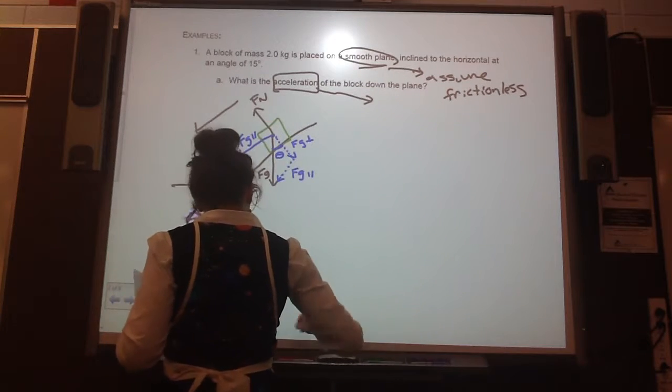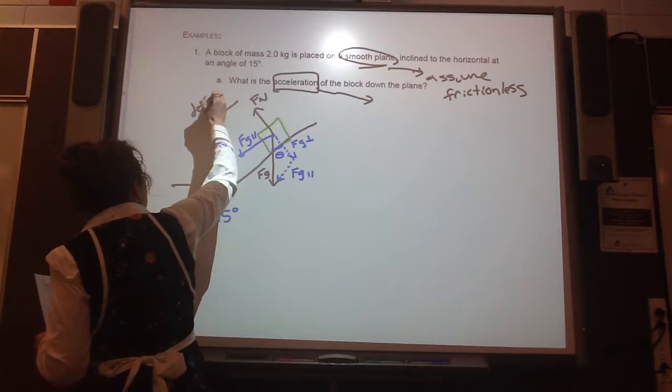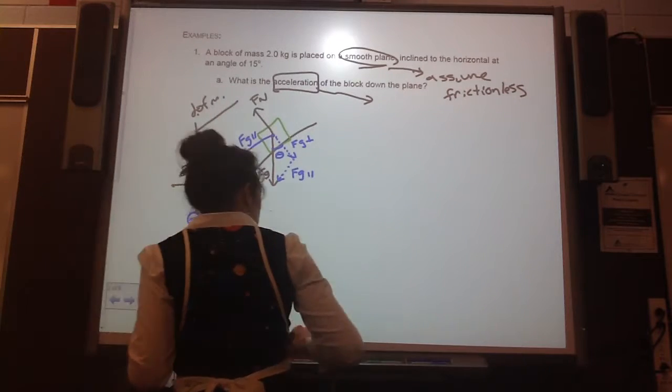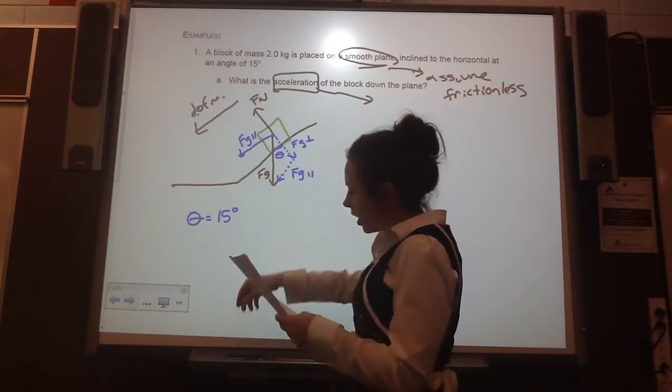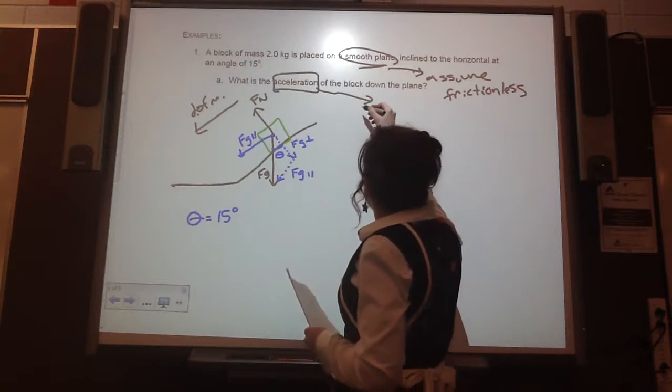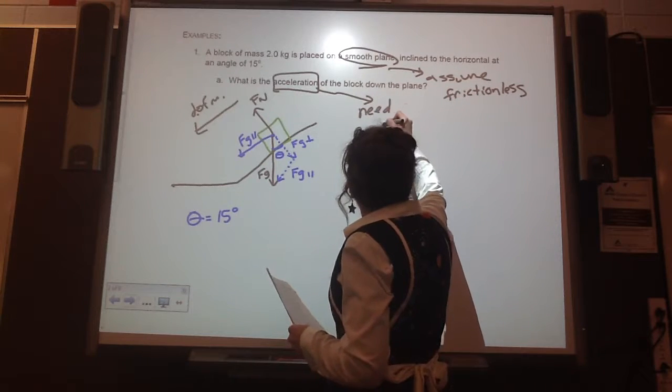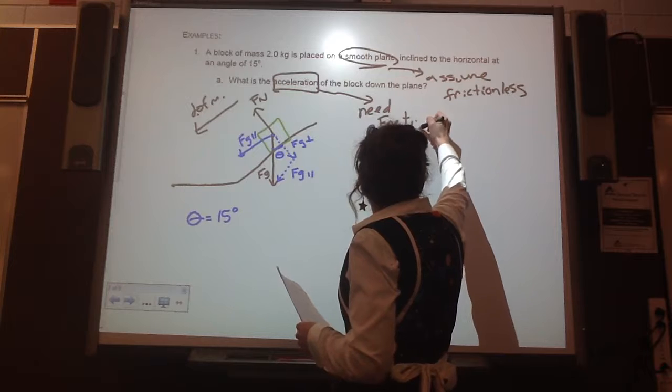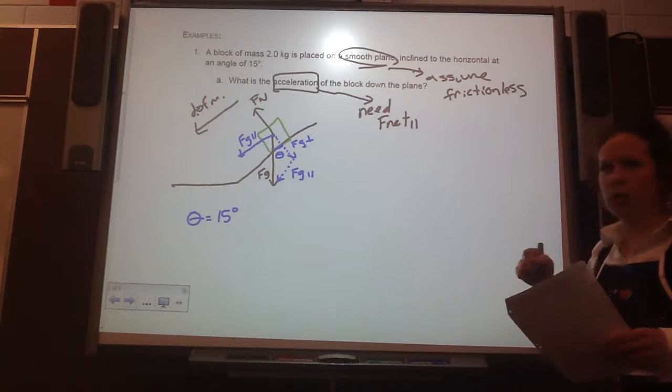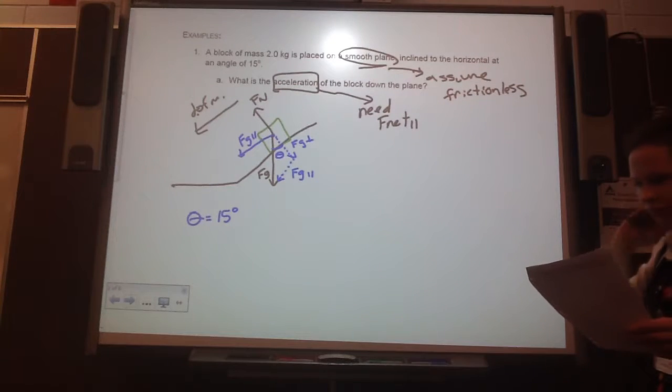Fg parallel. This is my direction of motion. So what I really want to find in order to get acceleration is F net parallel. That's what I need to find in order to solve this question.